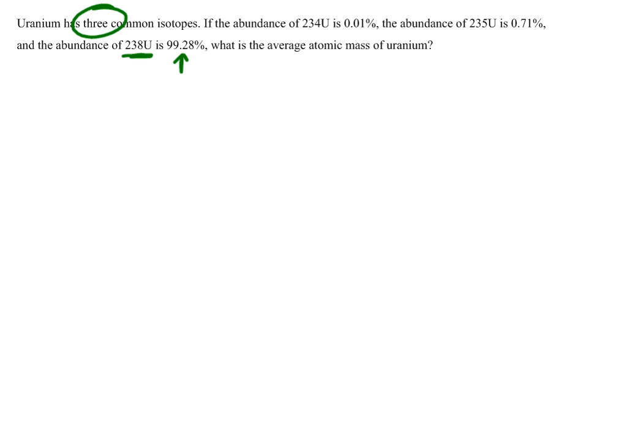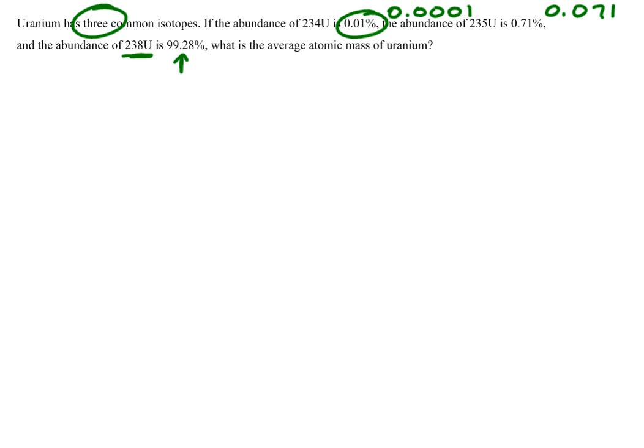When I take this 0.01% and I divide it by 100, I'm going to get 0.0001, right? And then this 0.71% becomes 0.071, right? So 1, 2. Is that right? 1, 2.